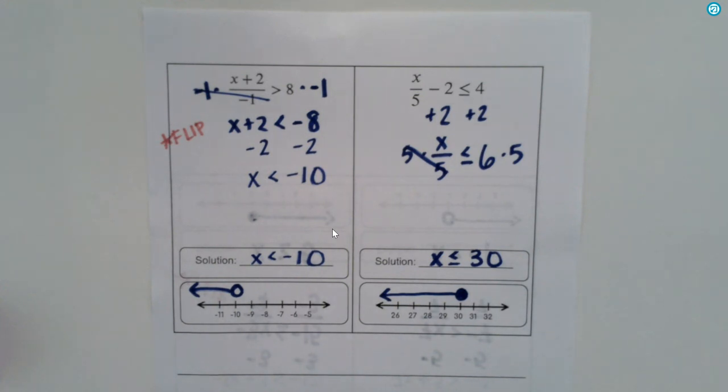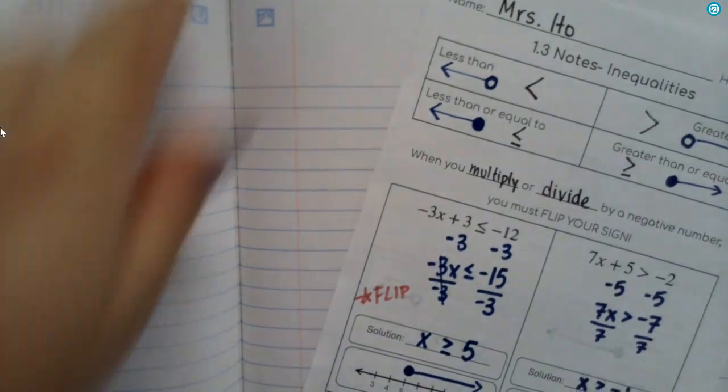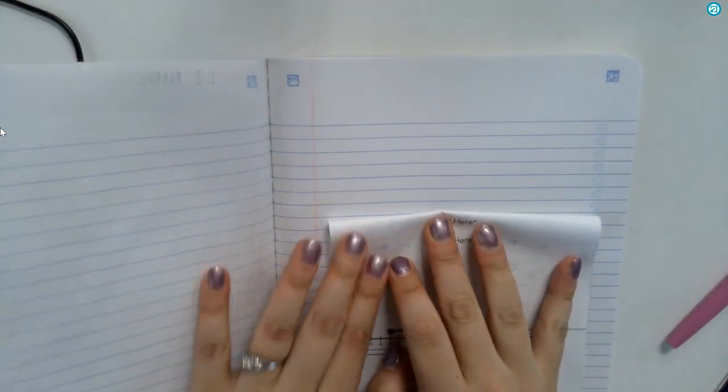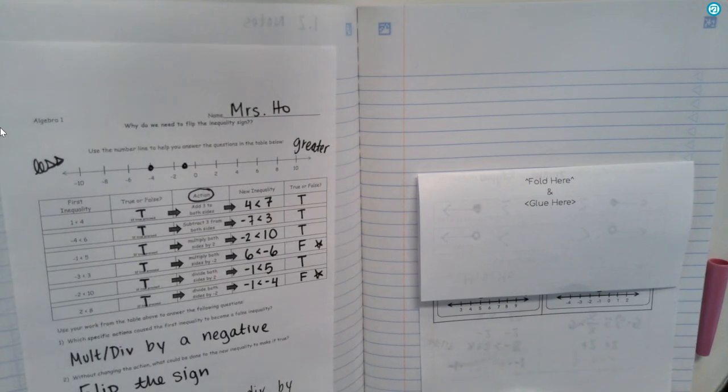Or if you've already used your left side, you can do front and back. But what that's going to look like is put this guy, let me zoom out more, on this side, fold it down, put glue here, and then this one can just get glued here. So we'll glue everything down.